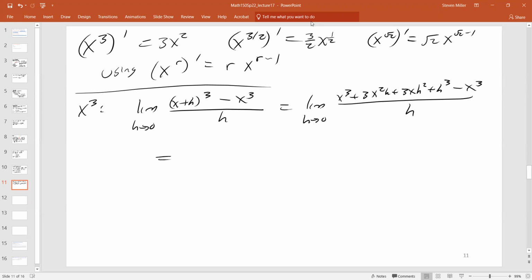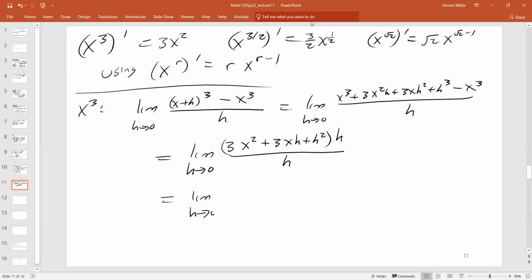The x cubes cancel, and this is the limit as h goes to 0 of 3x squared plus 3xh plus h squared times h over h. Every term that's left has an h that I can pull out. I've got an h in the denominator. Those cancel, and this is the limit as h goes to 0 of 3x squared plus 3xh plus h squared. Well, what's that limit as h goes to 0? The second and third pieces go to 0, and we just get 3x squared.